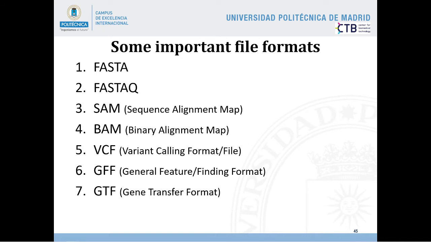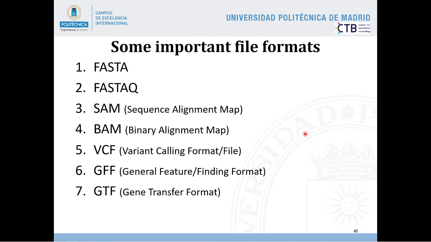Okay, as I was saying, we have different format files. The most important one is the FASTA file. I don't know if you are familiar with it, but those files that I uploaded in Moodle were FASTA, and FASTA is just as simple as a header that is preceded by a major sign, okay?